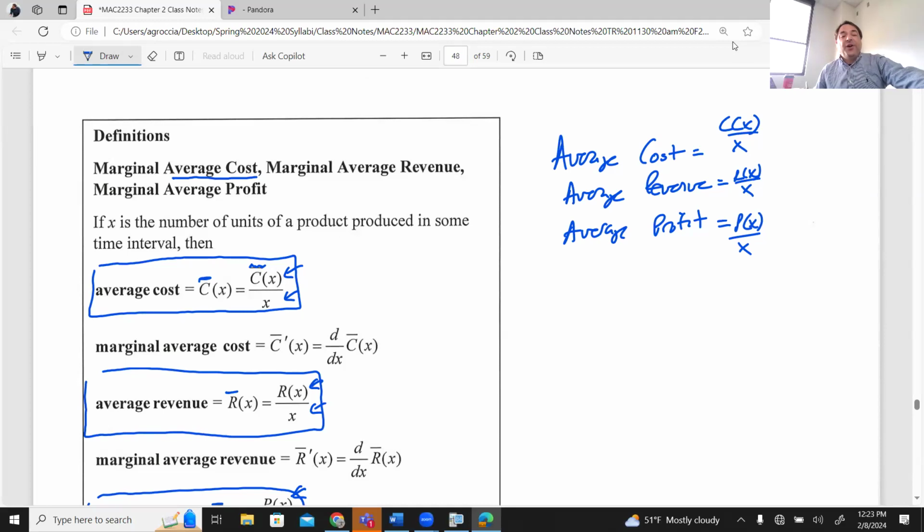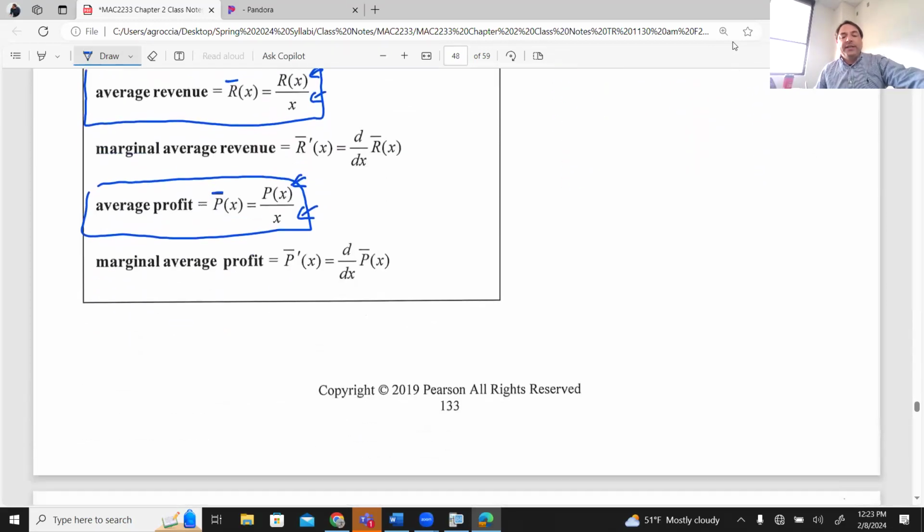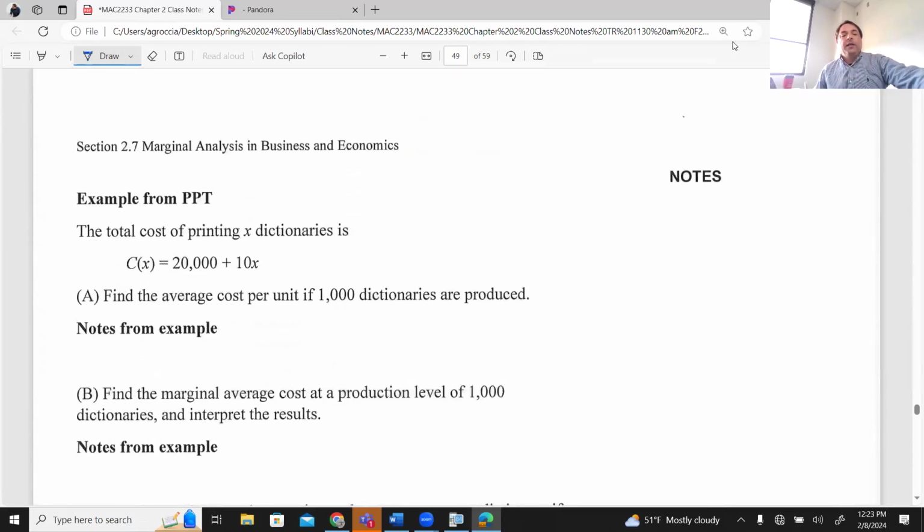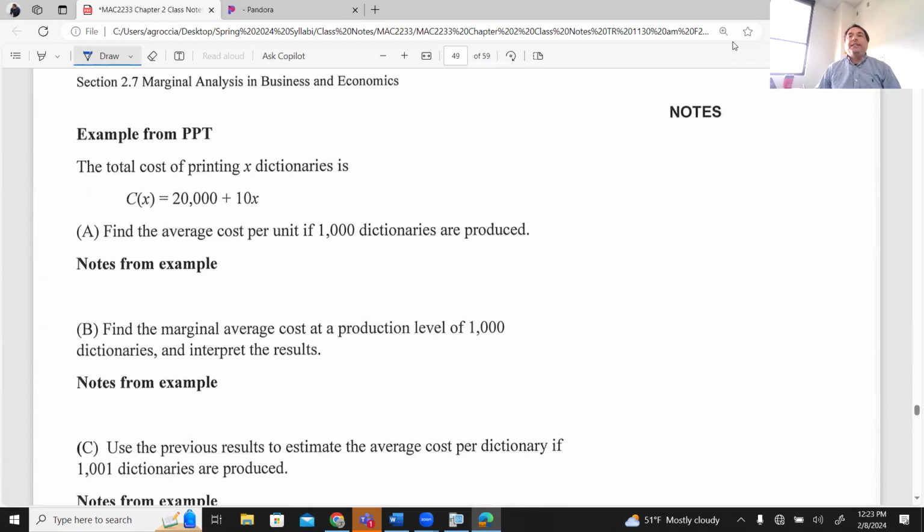Let's just start really slow. The total cost of printing x dictionaries. Dictionaries are these books we used to have with all these words, right? We don't do dictionaries anymore. It's not a business to get into, put it that way. So this is the cost where x is the number of dictionaries.